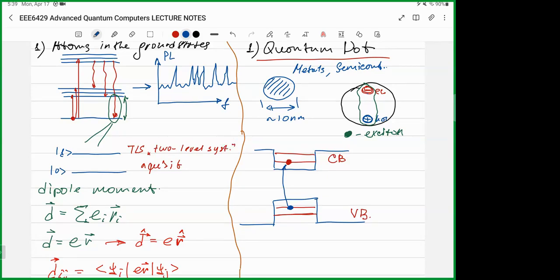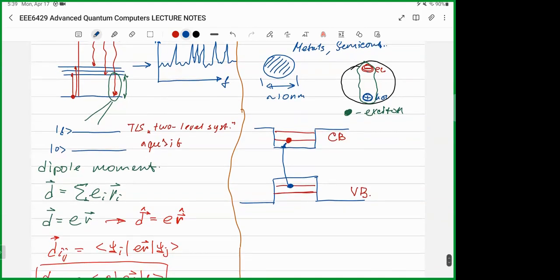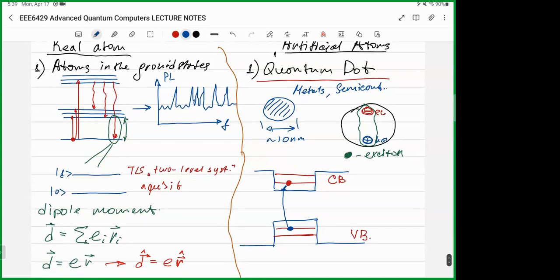So we have this transition, and this transition can work as a transition in a two-level system.